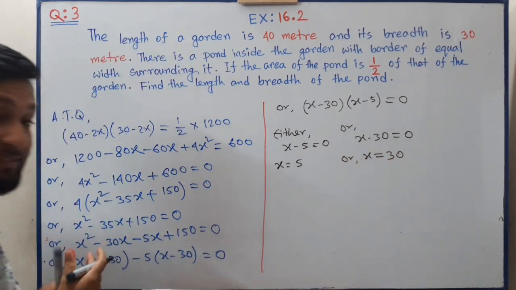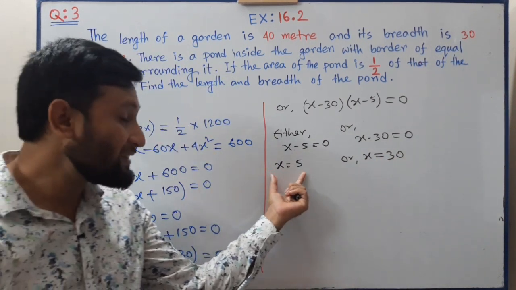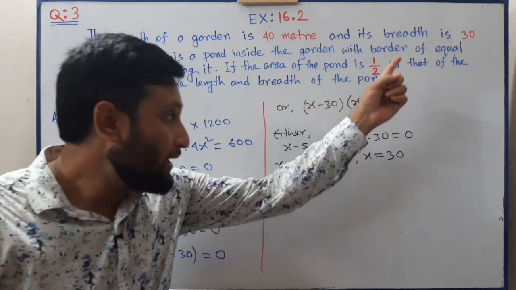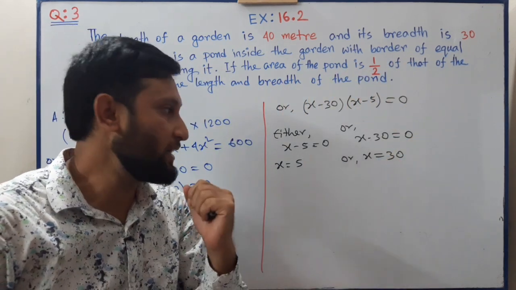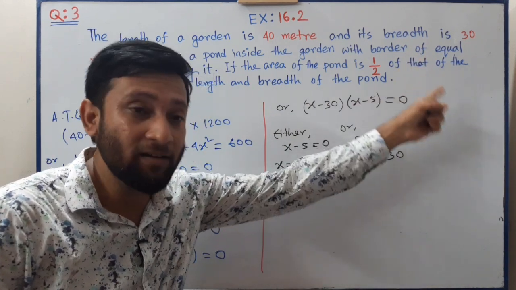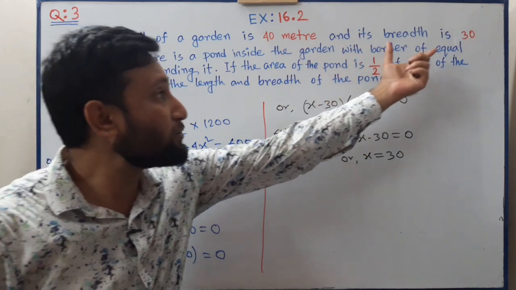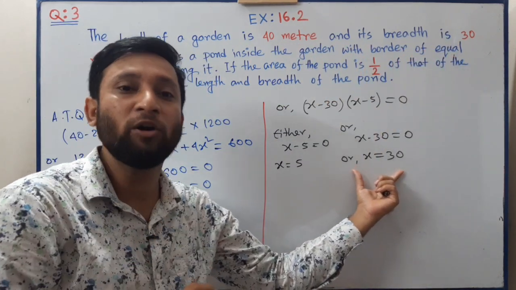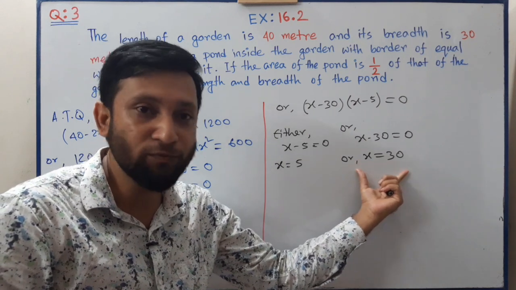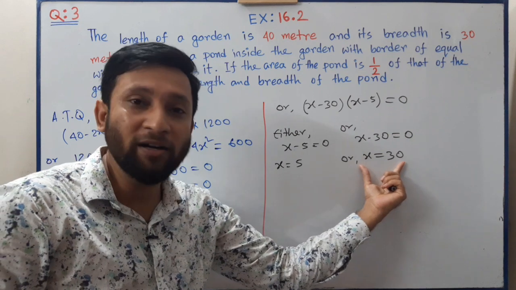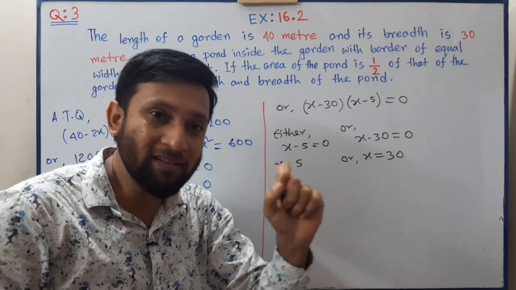Here see that x means, at first let x be the width of the border, but the breadth of the garden is 30 meter. In this question the breadth of the garden is 30 meter, but if x, the width of the border, is 30 meter, this is not possible. The breadth of the garden and the width of the border cannot be the same.